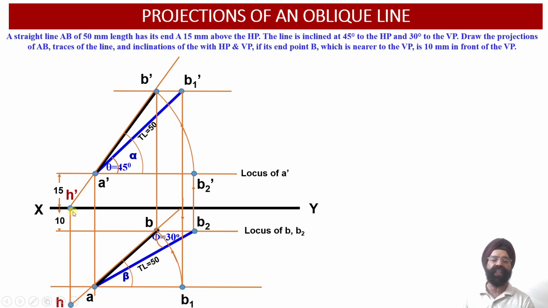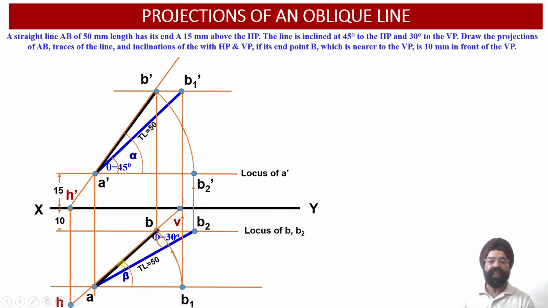Similarly, we have to evaluate the vertical trace. The vertical trace of the line can be evaluated when we extend the plan projection line in such a way that this line AB or its extension intersects with the XY reference line.